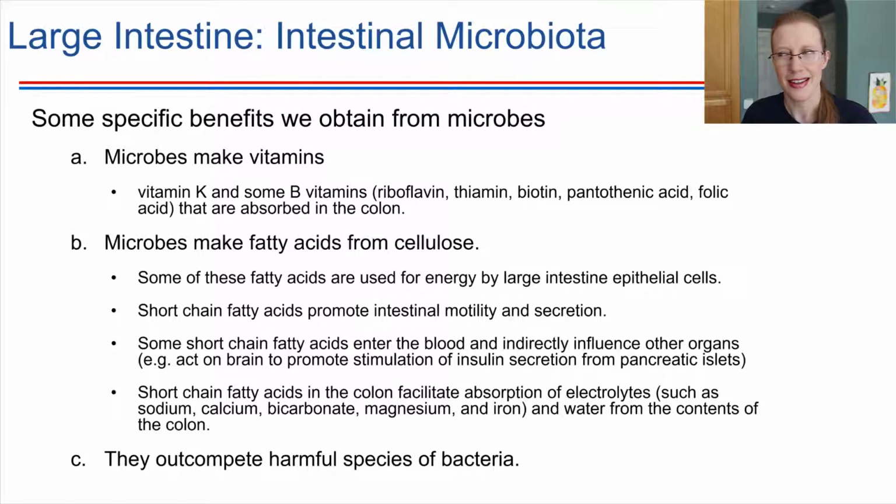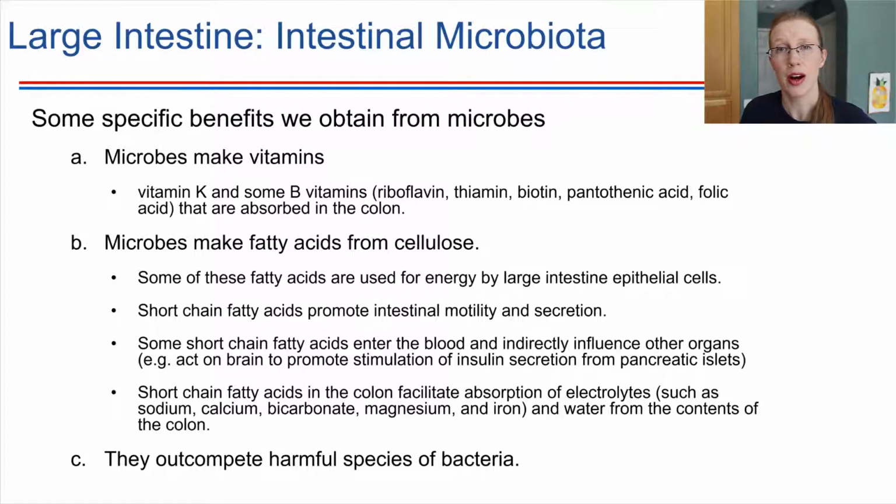And one of the things that they can do is use some of the cellulose. So we cannot digest cellulose, right? Cellulose just passes through the small intestine, doesn't really get affected. It helps to add bulk to the feces, and it's a very healthy thing to have, even though we don't digest it. So once the microbes get a hold of it, they are able to use some of it.